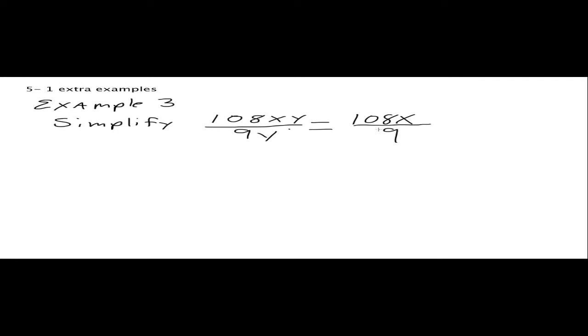So 9 goes into 9 one time, and 9 goes into 108 12 times. And that tells us that 12x is our answer to the simplification of this fraction. Okay? Questions? Ask.